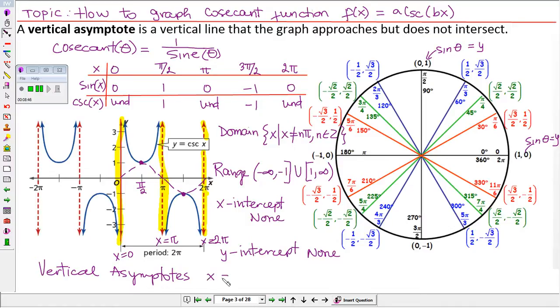Therefore we can write them as x equals n times pi, meaning a multiple of pi, where n is an element of the set of integers. So n can be -1, -2, or n can be 0, 1, 2.